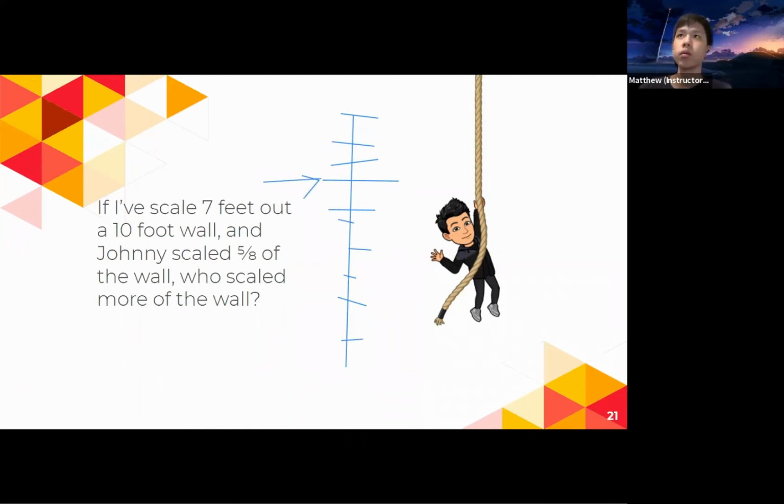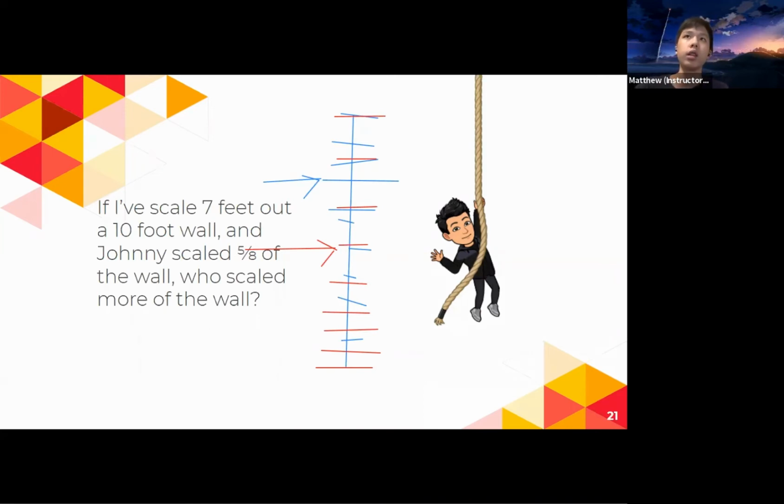However, Johnny scaled 5/8 of it, so it would be 8, 7, 6, 5, 4, 3, 2, 1, 0. So 5/8 is less than 7/10.